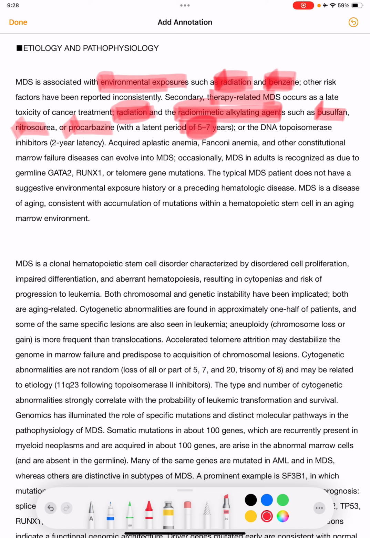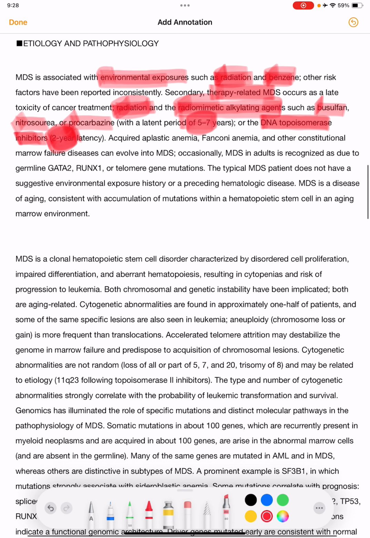Or if the patient has taken treatment with DNA topoisomerase inhibitors, there will be a 2-year latency. Secondary therapy related MDS occurs as a late toxicity of cancer treatment, radiation and radiomimetic alkylating agents.